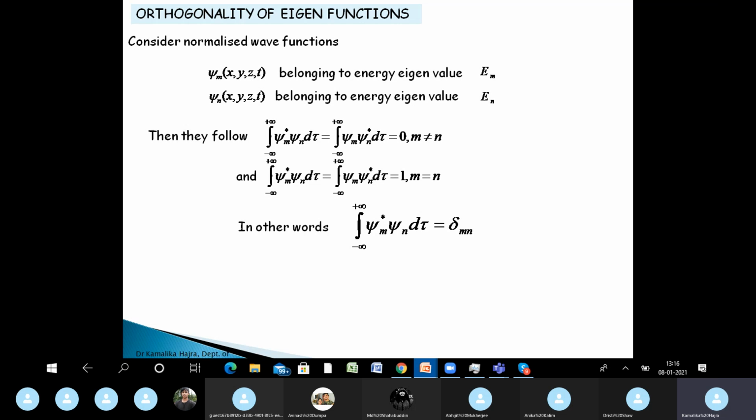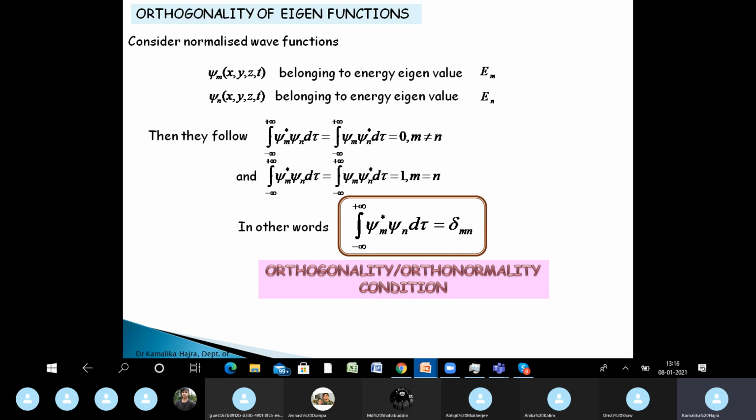So if you consider the matrix over here, only the diagonal elements are present. All other elements are absent. Only the diagonal elements are present and their values are all 1. This is the orthogonality or orthonormality condition of the solutions of the Schrodinger equation. We say that any two wave functions are orthogonal to each other.